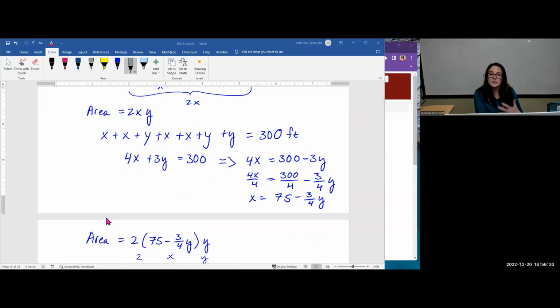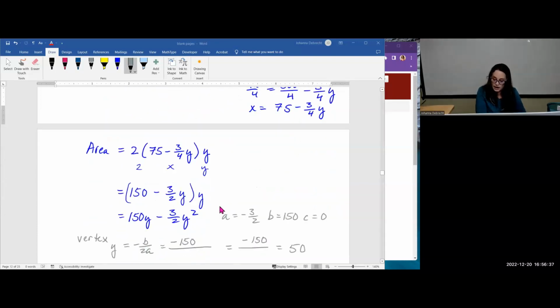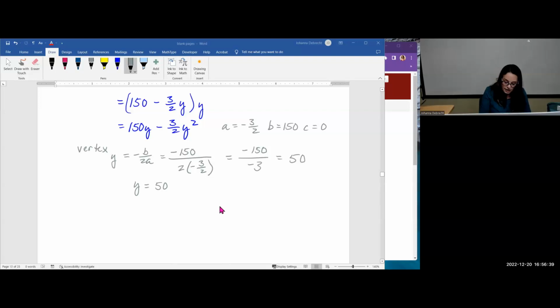Well, I have an expression for x. It's right here. X is 75 minus 3/4 of y. So coming down here, I also know that x is 75 minus 3/4 times y. And I know my y is 50, so I have 75 minus 3/4 times 50. Now, that's going to not be a pleasant fraction, but basically 50 divided by 4 is 12.5.